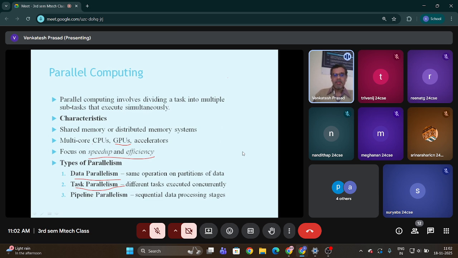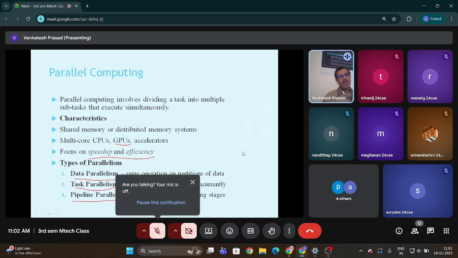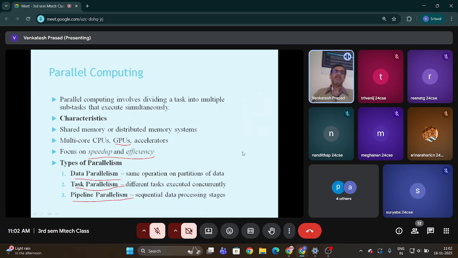Then the pipeline parallelism, where you have to complete certain tasks as a pipeline. So it is not a single task. There are several steps or stages involved. It's like an end-to-end task where you have to complete it in one go to get the result.